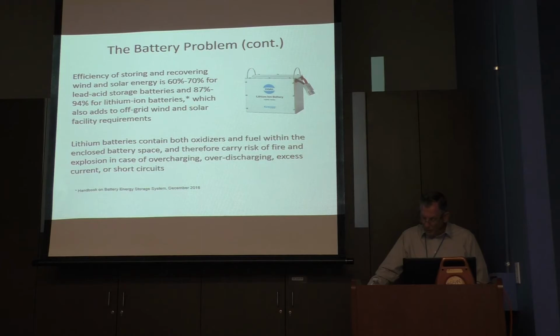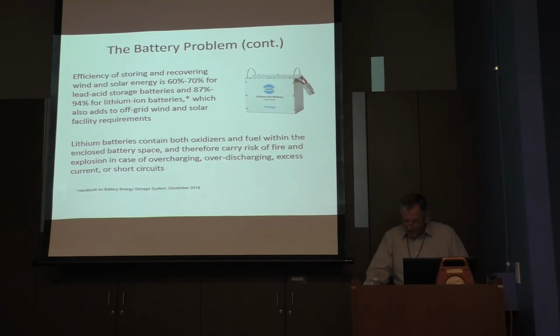The efficiency of storing and recovering wind and solar energy is 60 to 70% for lead acid storage batteries and 87 to 94% for lithium-ion batteries, which also then adds to off-grid wind and solar facility requirements. Because they aren't 100% efficient, you need more of them to generate the amount of electricity needed to charge your backup battery system.